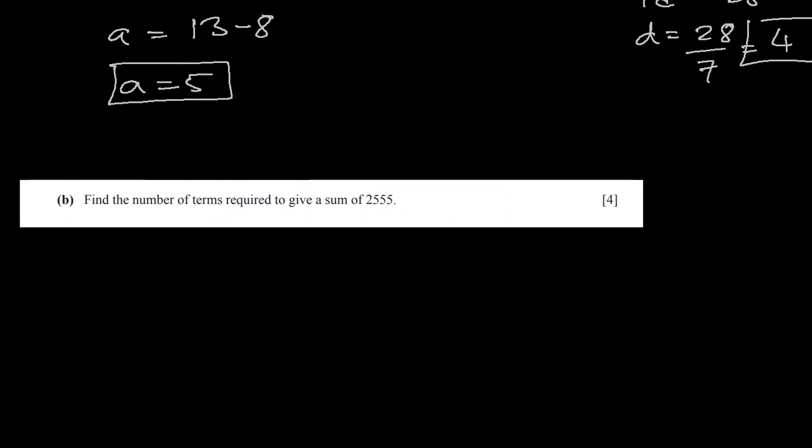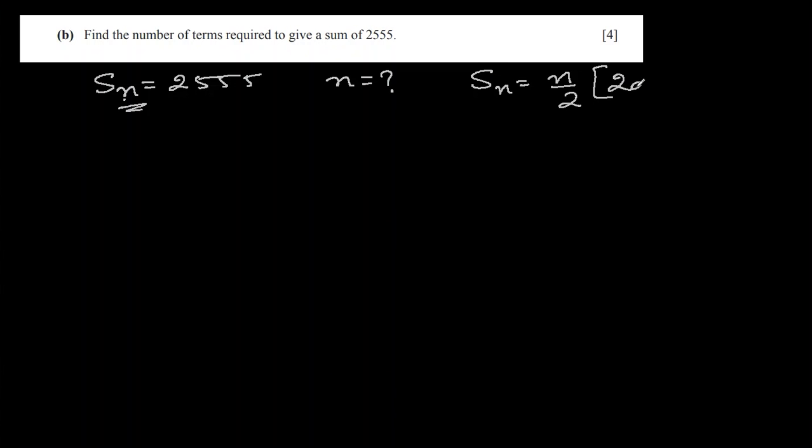Next part of this is find the number of terms required to give a sum of 2,555. So Sn is 2,555. They are asking us what is this n. So the formula for sum of n terms is n over 2, 2a plus n minus 1 d.